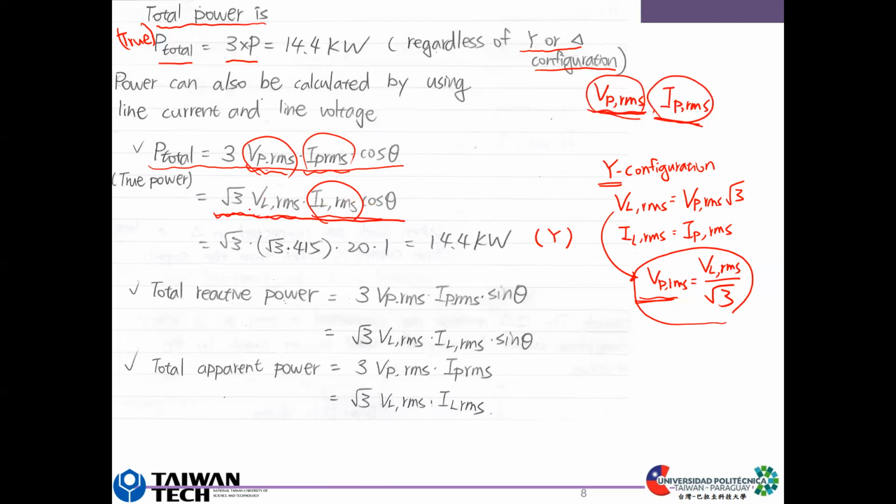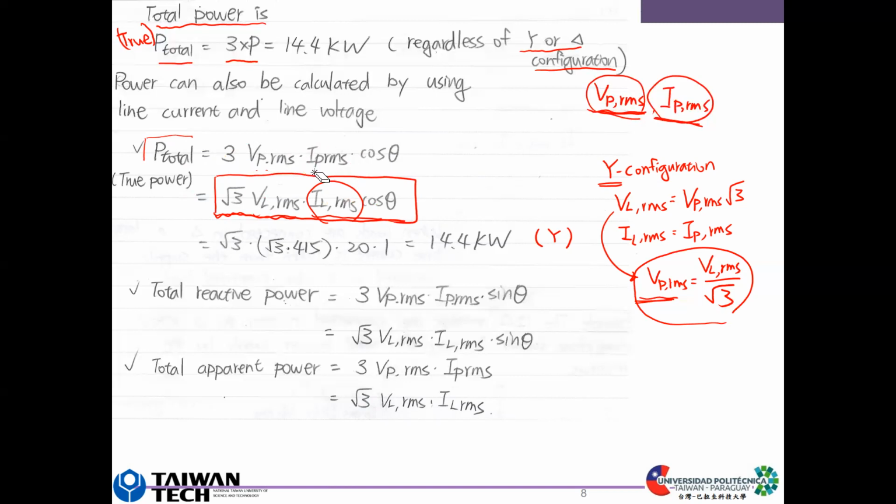So if you want to calculate the total power in terms of line current and line voltage, the formula becomes this one.